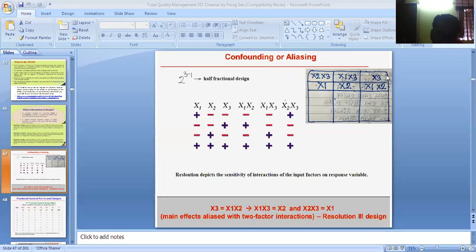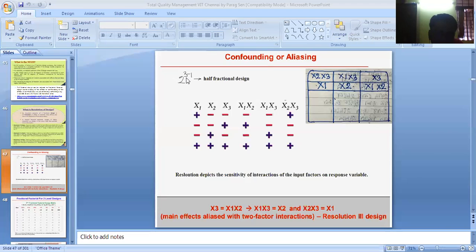Now, if you introduce one more factor, for example x3, then if you want to go for full factorial design, there will be 2 to the power 3 runs.